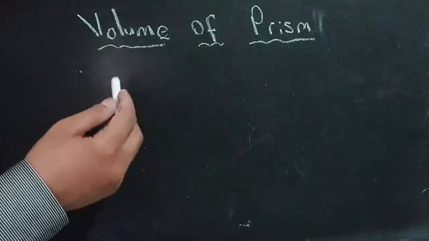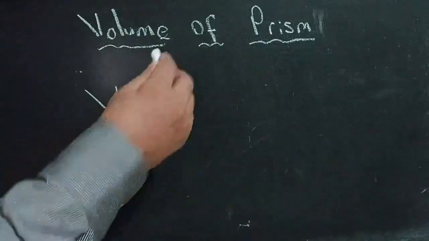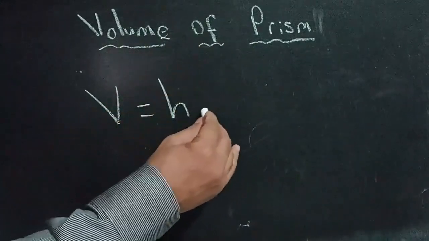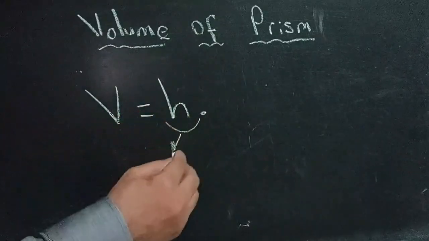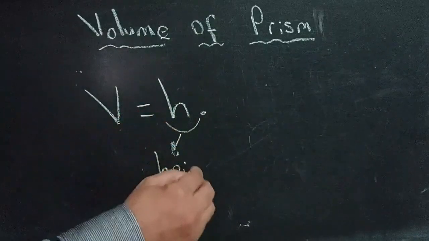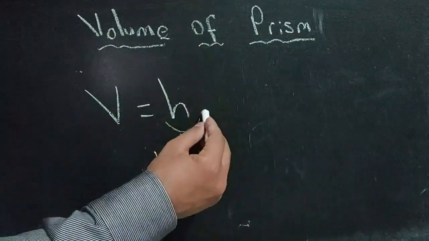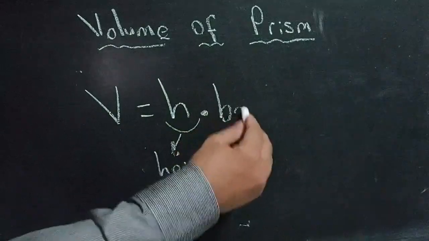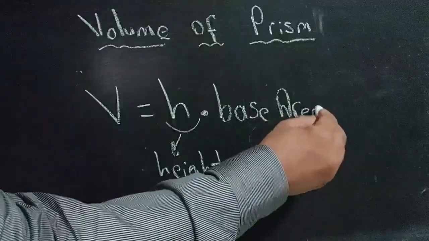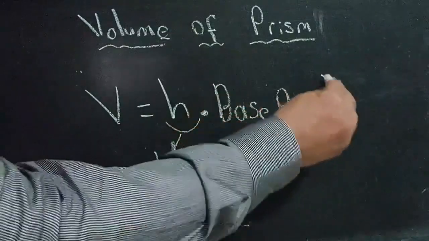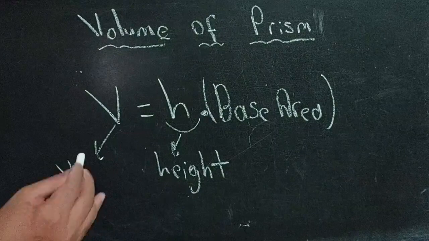Okay, so volume is height of the shape times base area, and this represents volume.